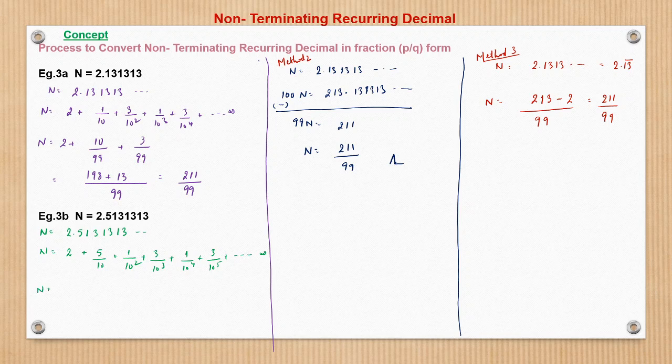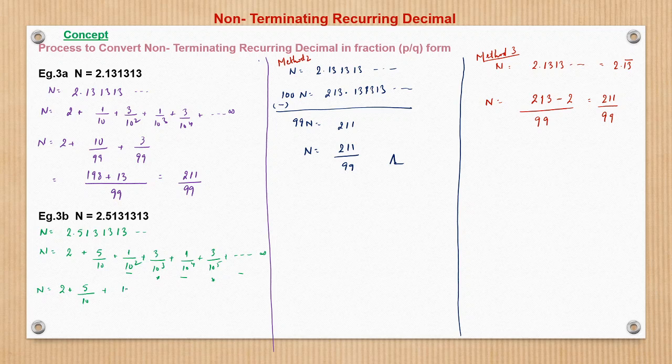So here see what happens. We have 2 plus 5 by 10 plus now 1 by 10 square plus 1 by 10 to the 4 plus, so this is a GP series, and then 3 by 10 cube plus 3 by 10 raised to power 5, and all these are another GP series. So we find the sum of the two GP series separately and then add those. The first GP series is 1 by 10 square plus 1 by 10 raised to power 4.